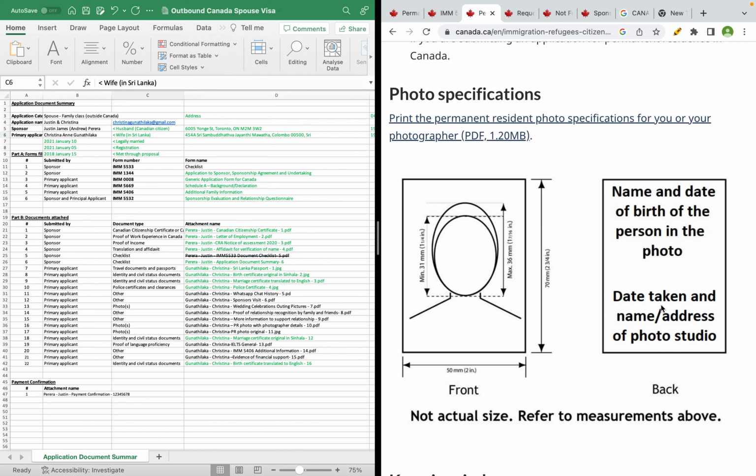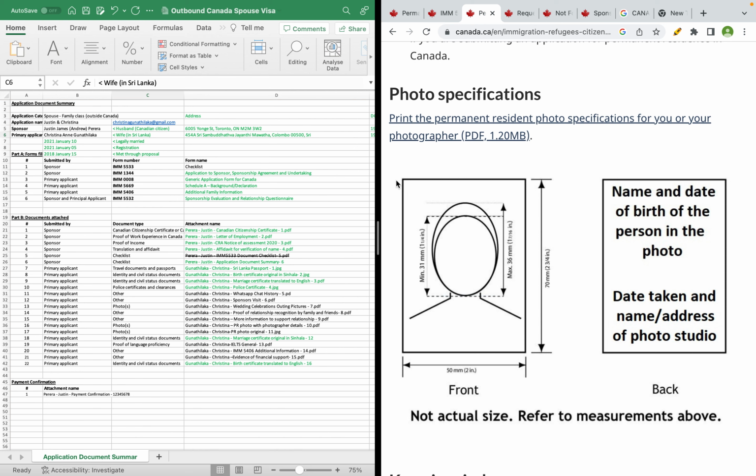However, in my scenario, overall this photo is used for your permanent residence card. Unfortunately, the picture that I took in Sri Lanka and submitted did not have my face within the specified area. The sizes were wrong. So after I landed in Canada, they sent me an email asking me to submit a photo meeting these regulations.